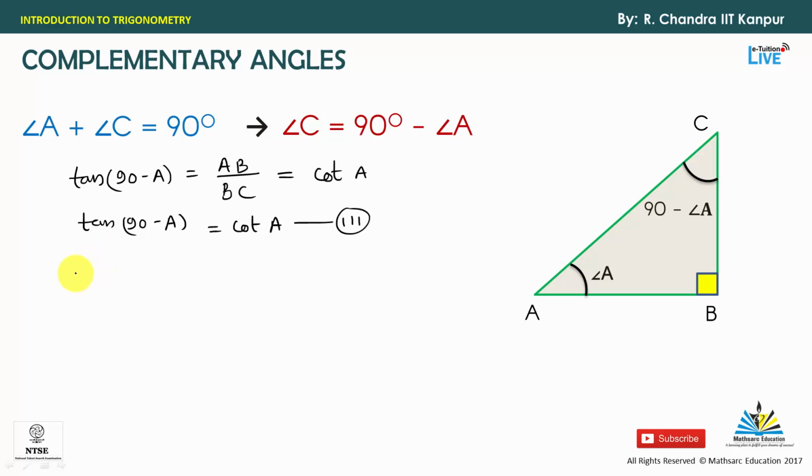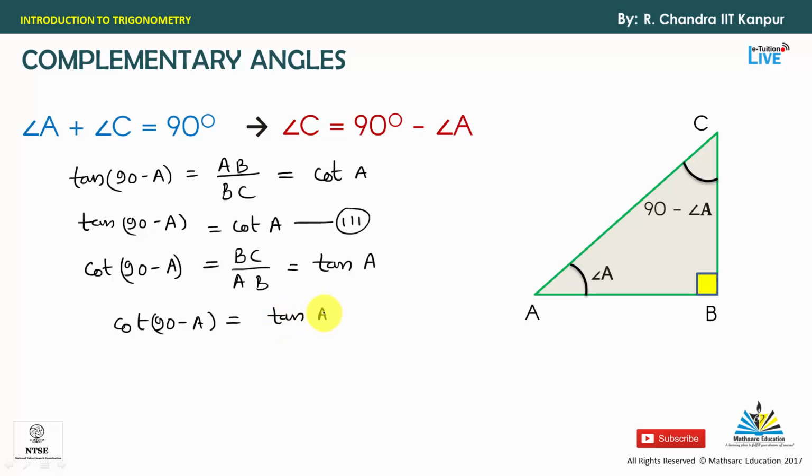And similarly, if we think of cot of 90 minus A, this angle is equal to base upon perpendicular, that is BC upon AB. And with respect to the angle A, BC upon AB becomes tan of angle A. So we have another formula, cot 90 minus A is equal to tan A. This is formula number 4. So these are the formulas for angle A.